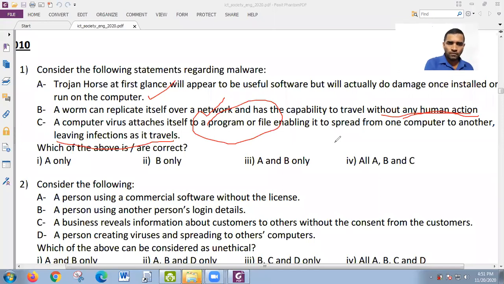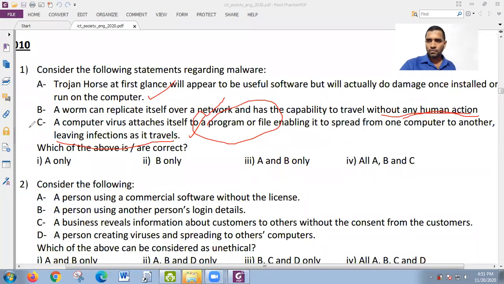So if a virus is attached to a program or file on my computer, when that file is taken to another computer, the virus also moves, right? But a virus never travels alone. It attaches itself to another program, file, or folder. When the folder is moved from one place to another, the virus also moves. So that is correct. All of them are correct, because the question is which of the above are correct.